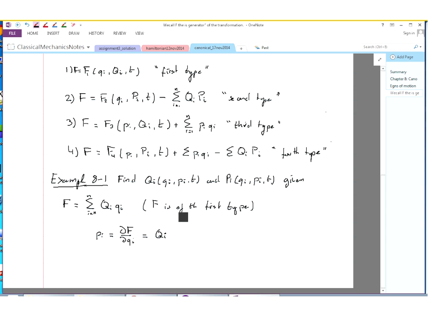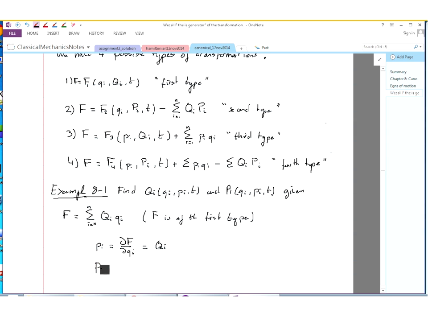Think of f as being the sum from j equals 1 to n of capital Qj and little qj, and I take ∂f/∂qi, it's going to select the term from the sum where i is equal to j. And so little pi is big Qi.